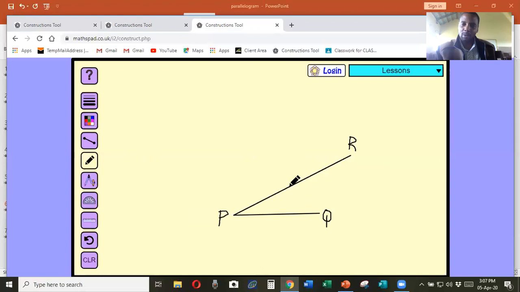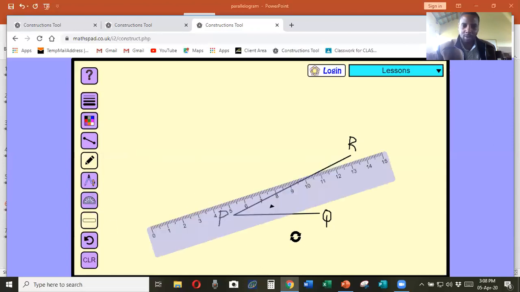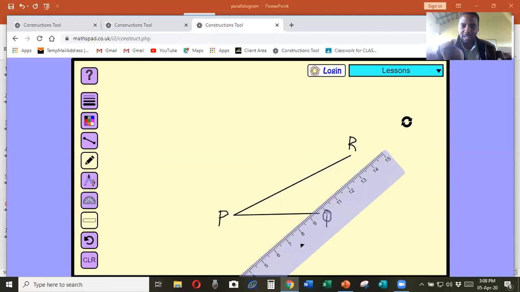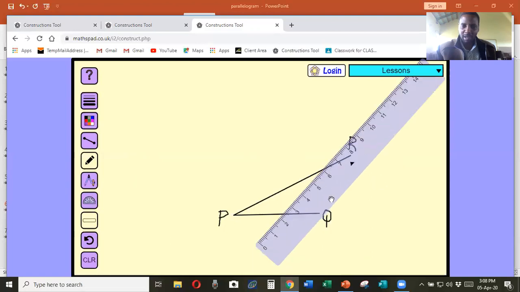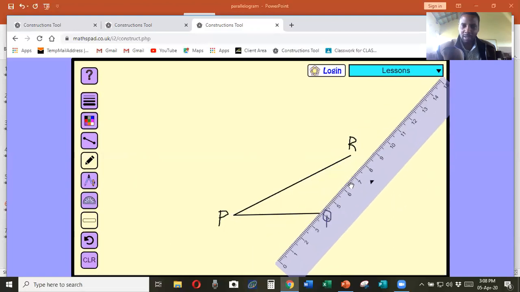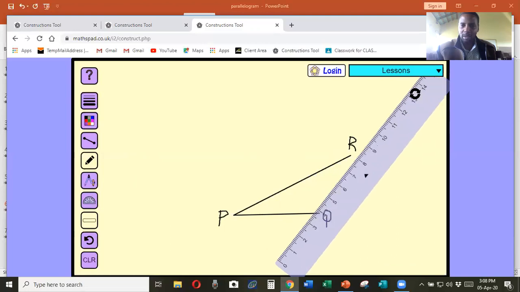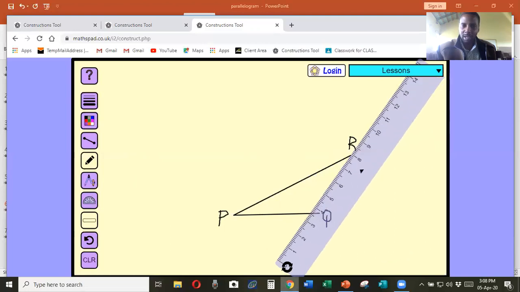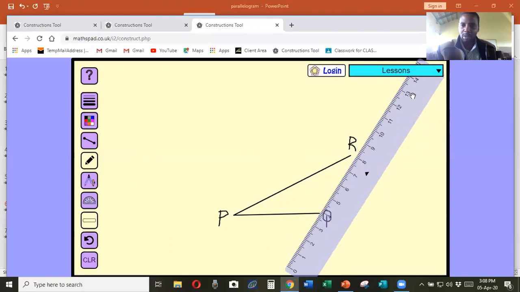So what I will do is I will first join R to Q. When I join R to Q with a ruler, I'll be able to understand that this line given here is a diagonal. I first join RQ because this was a diagonal. So this is the other side of the parallelogram.